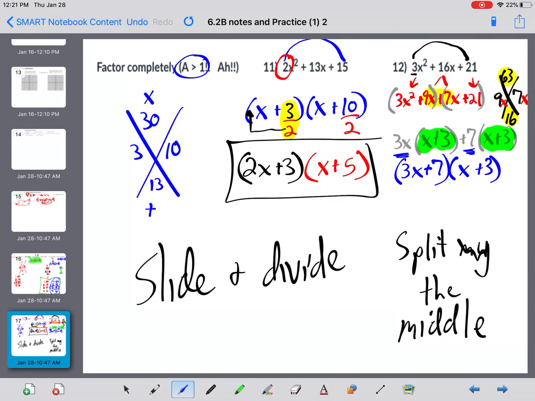Essentially, you're just doing one more factoring step there. You're factoring the 3x and the 7 out of the common factor of x plus 3. If you FOIL this together, you get exactly what you started with on top. So you know your factoring is correct.